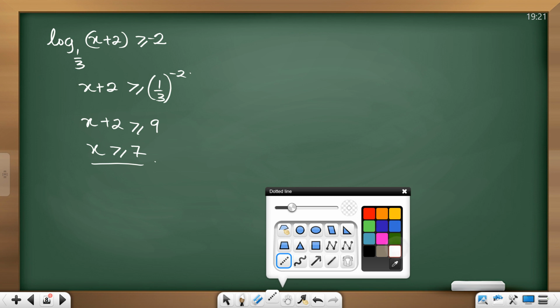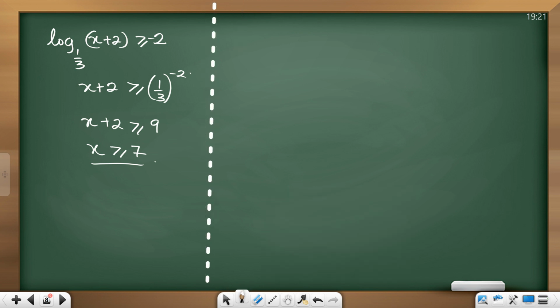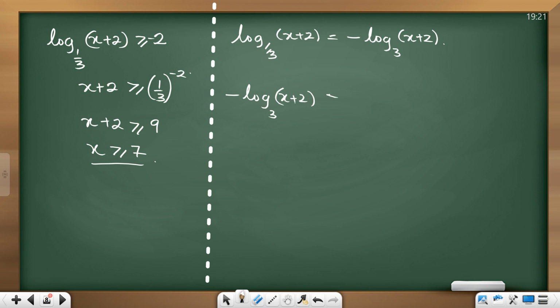What did I say about negative 1 over 3? Log base 1 over 3 of x plus 2 should be written as what? What do we now have? Negative log base 3. But greater than or equal to what?